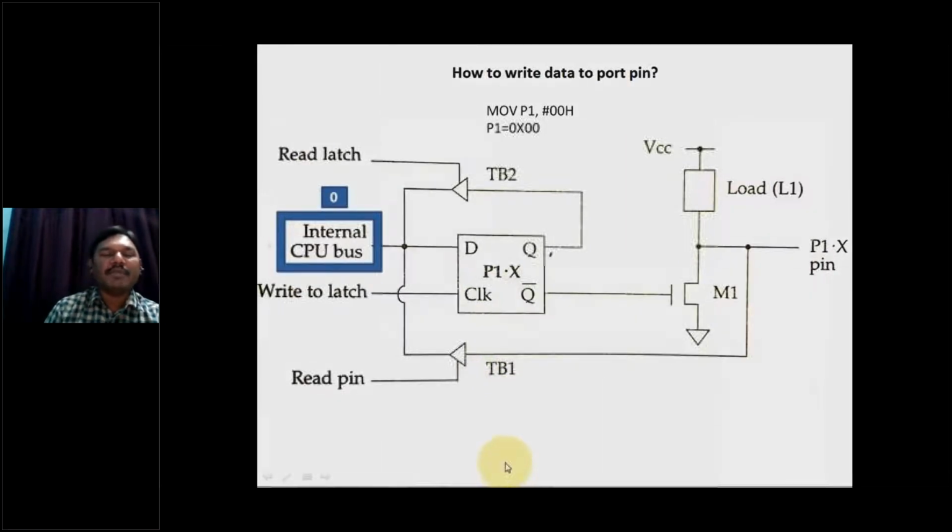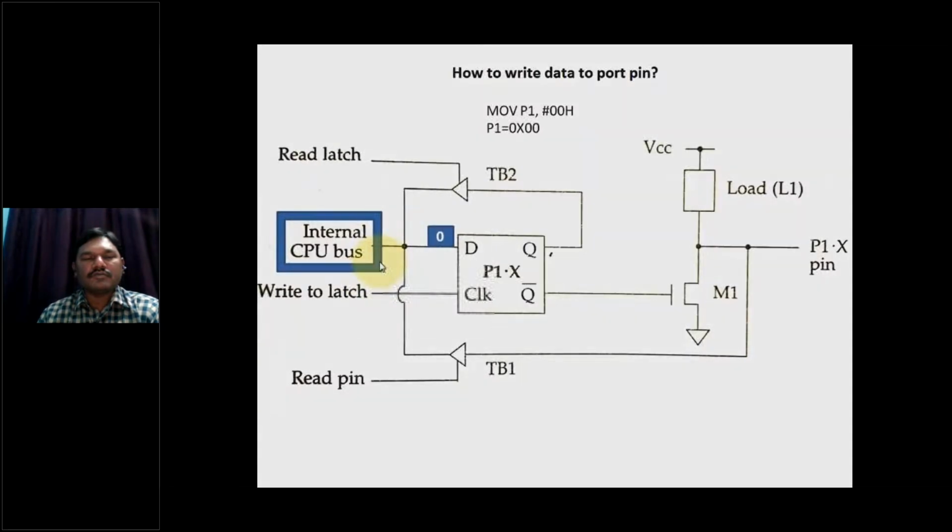When the clock is applied, by default 0 goes to Q equal to D. We all know that according to digital.